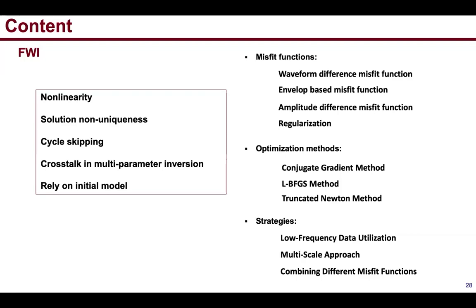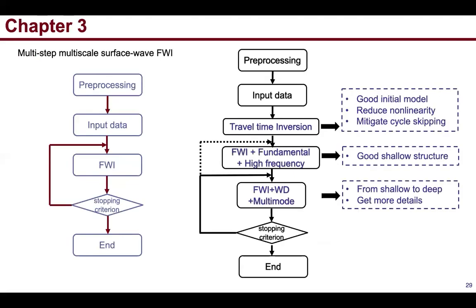In practical FWI processing, we could incorporate many strategies. We could do some low frequency extension to recover the low frequency component, we could do a multi-scale strategy, and we could combine different misfit functions to reduce the nonlinearity of the problem.